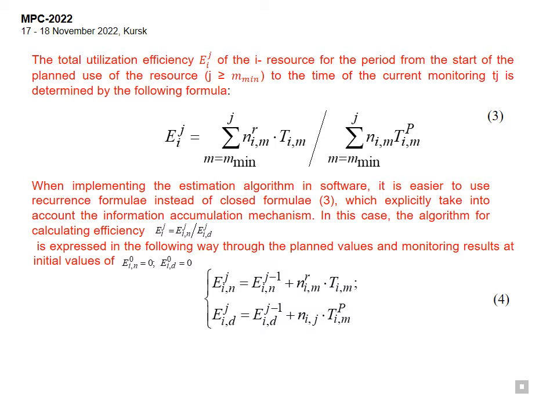When implementing the estimation algorithm in software, it is easier to use a recurrent formula instead of closed formula 3, which explicitly takes into account the information accumulation mechanism. In this case, the algorithm for calculating efficiency through this formula is expressed in the following way through the planned values and monitoring results and the initial values of this formula.